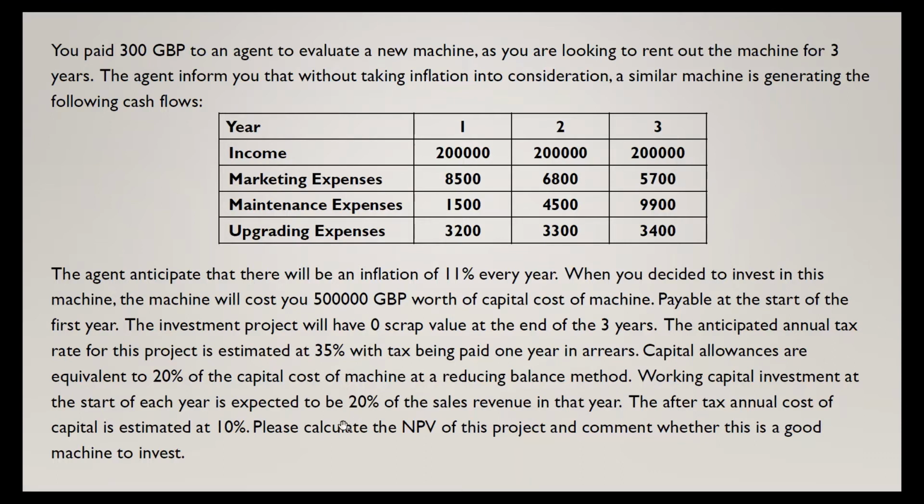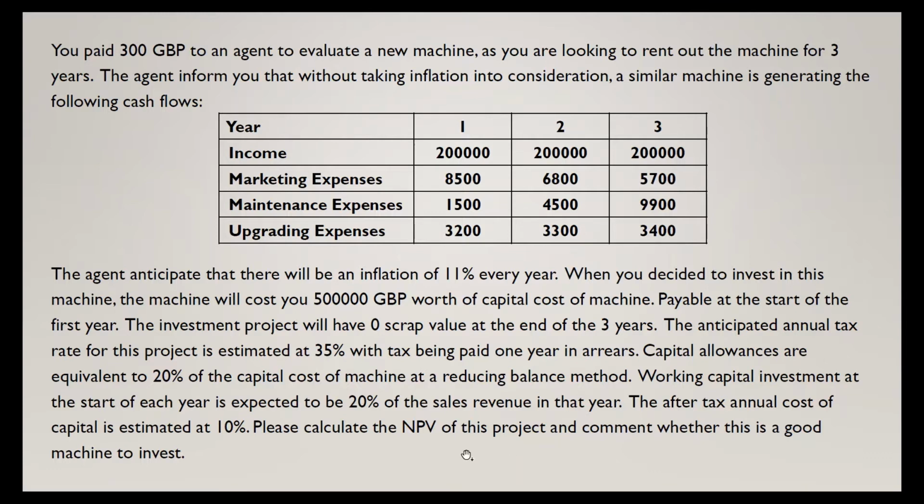So this is going to be 20% of the sales revenue, and we anticipate having this amount of cash at the start of each year. Assuming the after-tax annual cost of capital is 10%, what is the NPV of this project and is this project a good or a bad project?